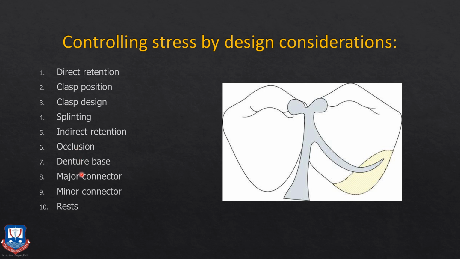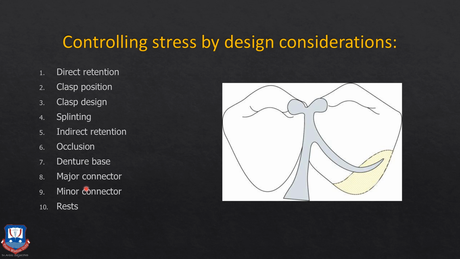And next, the type of major connector we select is also very important, especially in the mandible. The lingual plate is the major connector of choice, and in the maxilla, the anterior-posterior palatal strap or the complete palatal coverage are the best major connectors that offer the best rigidity.